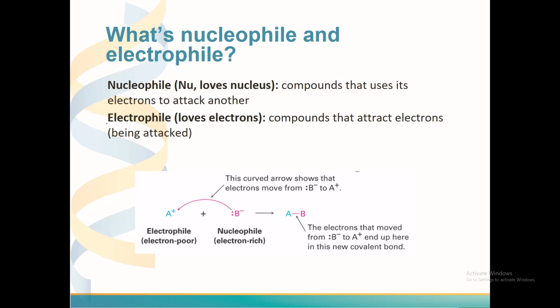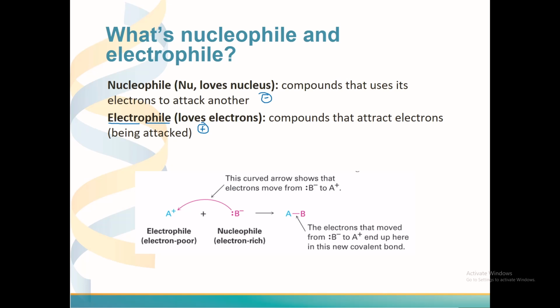Meanwhile, electrophile, electron and phile, which literally translated means loves electrons, is a compound that attracts electrons or is being attacked. You can also define it as: a nucleophile is a compound that originally is negative, and electrophiles are compounds that are positive. Not all of them, but let's say the majority.